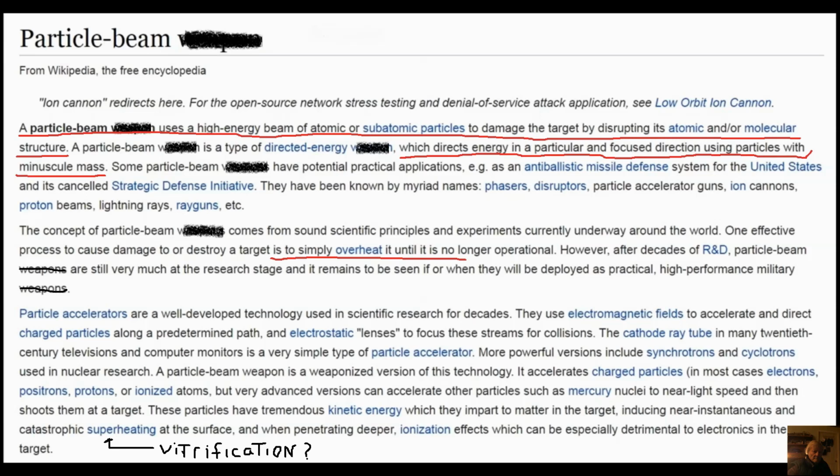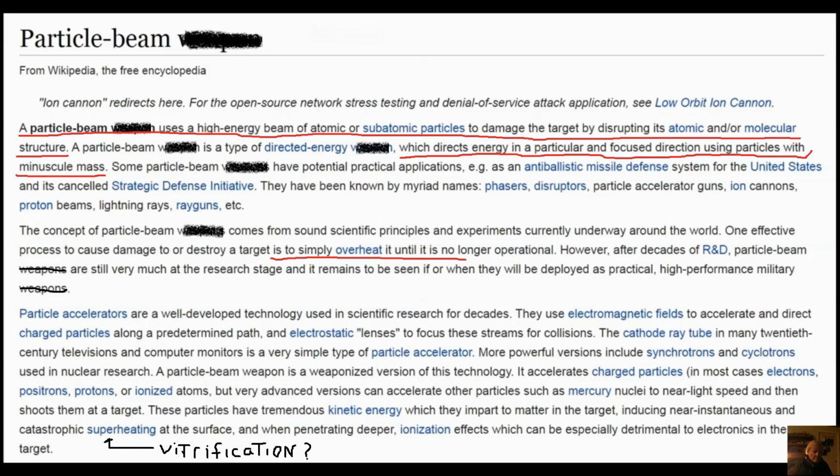Therefore, the crystals that I showed you earlier are just made up of molecules and atoms which can be damaged. And a particle beam is a type of directed energy which directs energy in a focused direction using particles with minuscule mass.